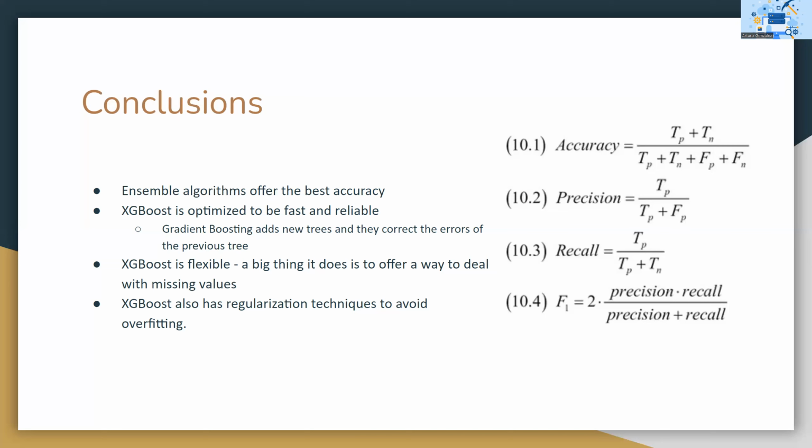As I had mentioned, XGBoost is flexible, so it's able to be used on large data sets and also on medium data sets. It has that elasticity, really. It also has regularization techniques to avoid overfitting. Overfitting is a huge problem, and it can be a big problem with XGBoost as well, but that's where you need to tune your hyperparameters.